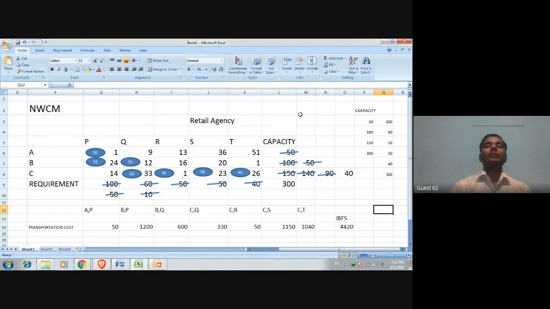And when you check the optimality test, you also have to apply the RAM method. You can also apply this method, but you should prefer the RAM method to check the optimality test in most of the cases. Okay, either you can apply any of these. So this is the complete NWCM method. In the next turn, we will see the least cost method, that is the matrix minimum method.